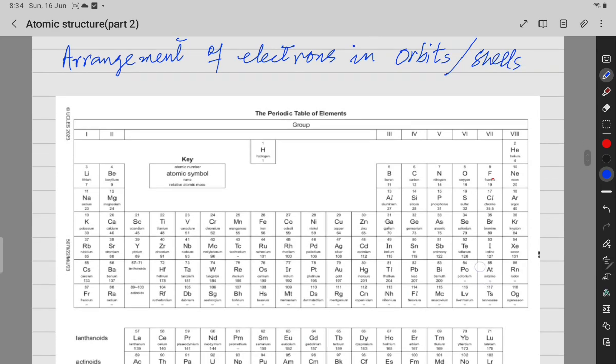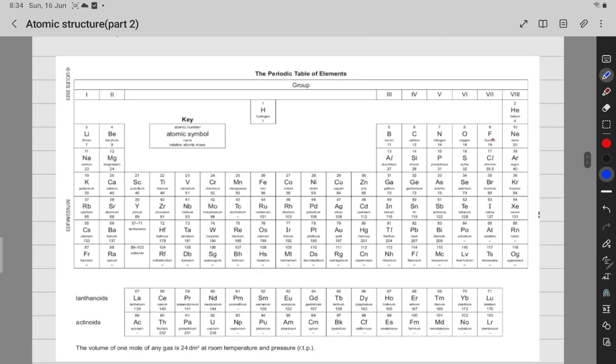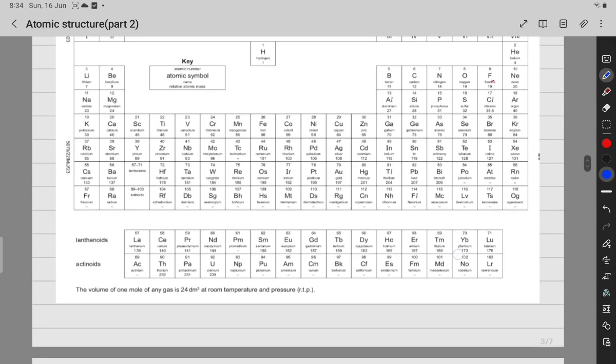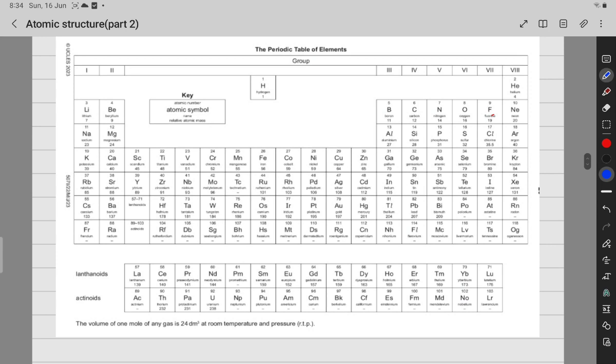You know that elements are arranged in the periodic table in groups and in periods, and in the previous video I discussed what a group is and what a period is. A group is a vertical column and periods are horizontal rows. There are seven periods and 18 groups.